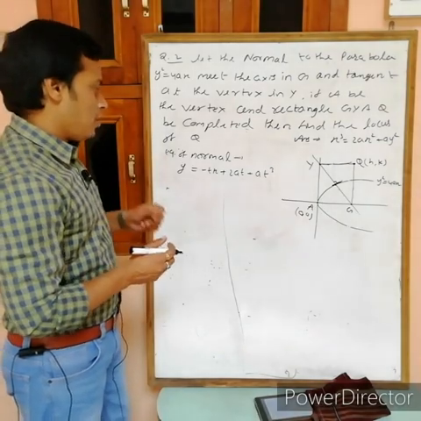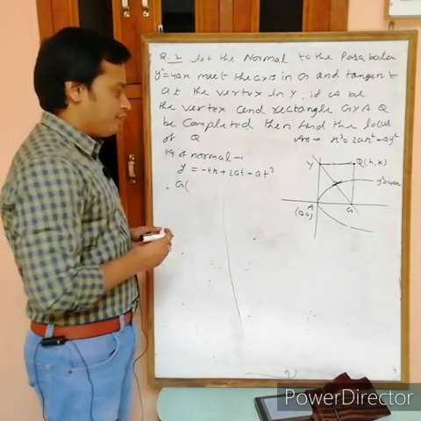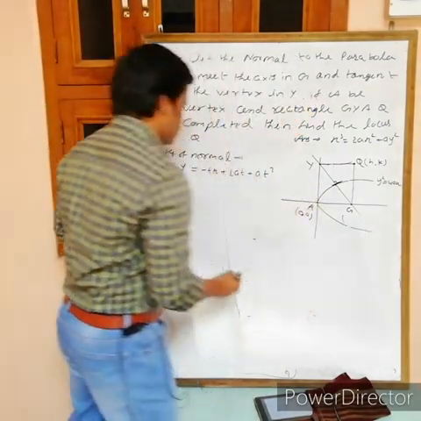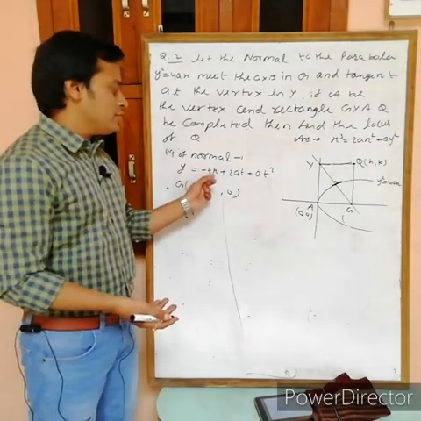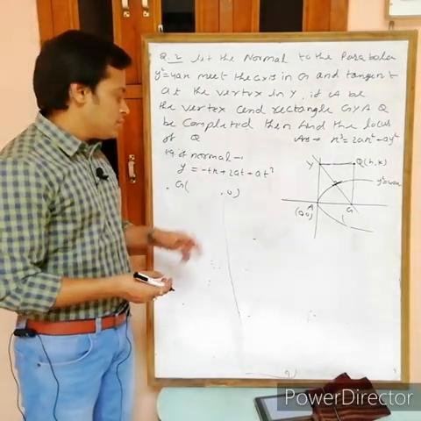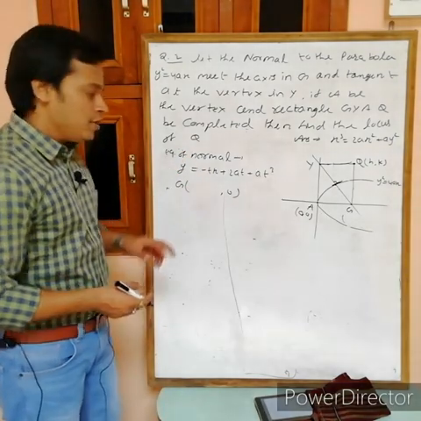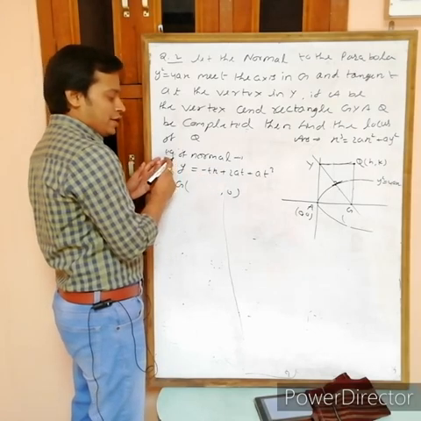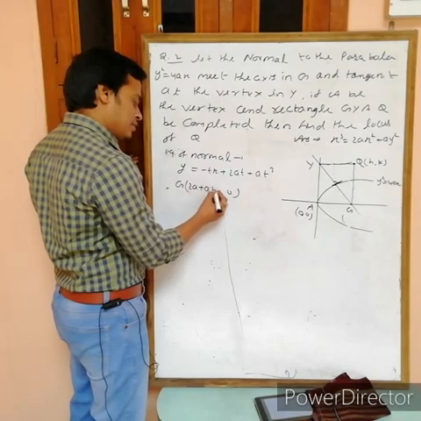Now can you find the coordinate of G? Obviously, in case of G, the y coordinate is 0, since G lies on the x axis and also on the normal. Put y equals 0, then you will get the value of x as 2a plus at square.